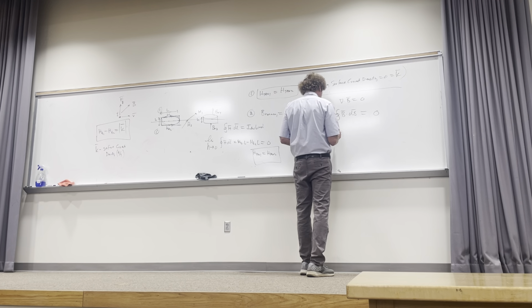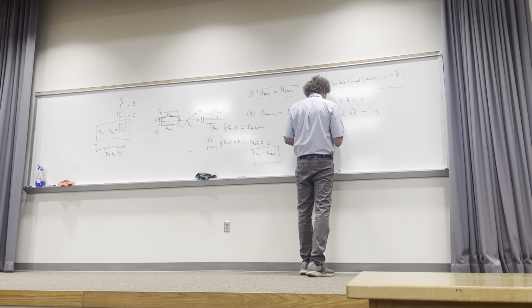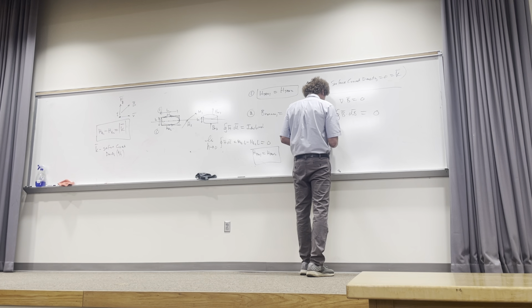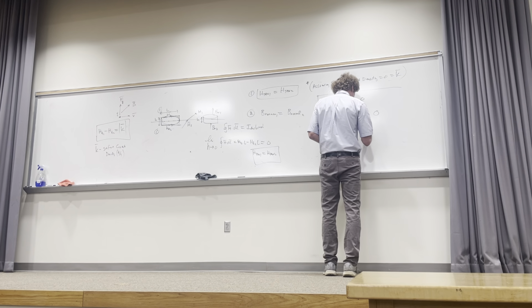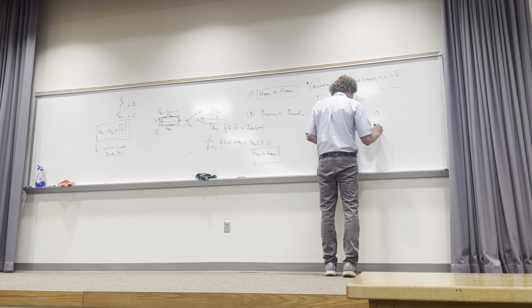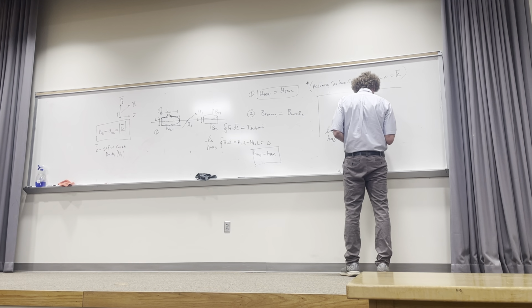If I take and look at the limit as h goes to 0 of the integral of B dot ds, what I really find is B normal in region 1 times the area of the top in region 1, plus B normal in region 2 times the area, or minus that actually, is equal to 0.